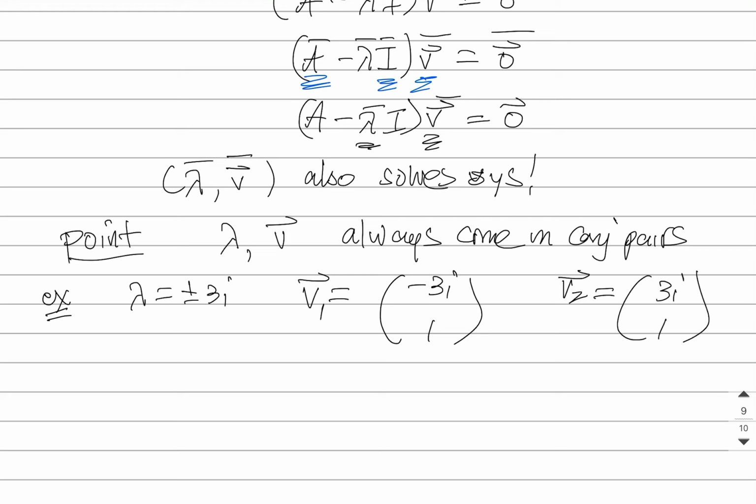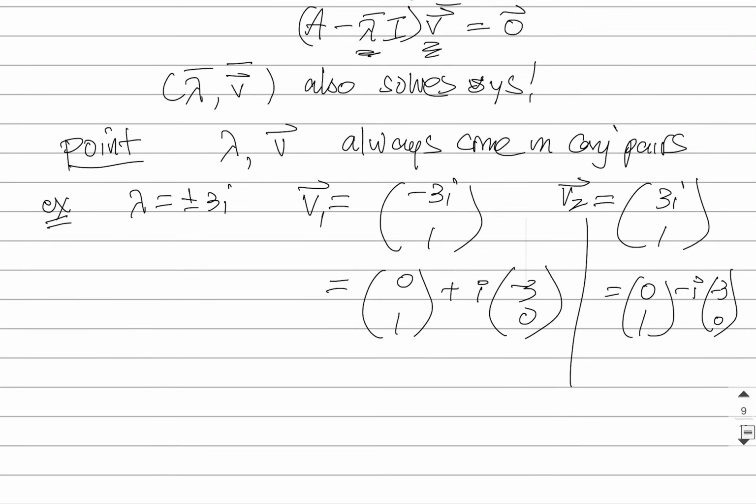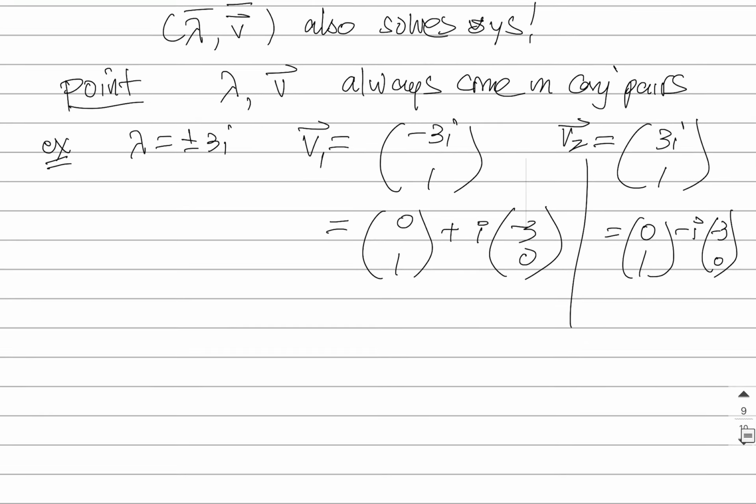You could always view this as a real part and an imaginary part. And in this particular case, all that changes is the sign in front of the complex conjugate part.